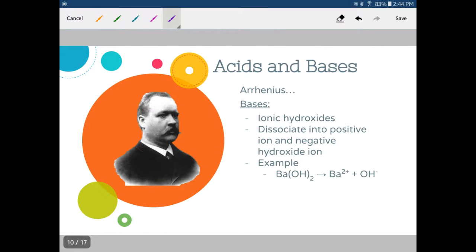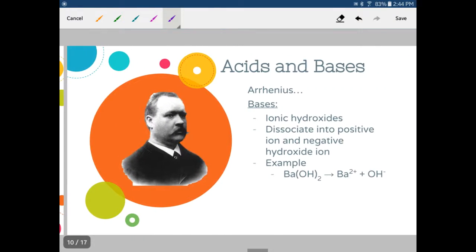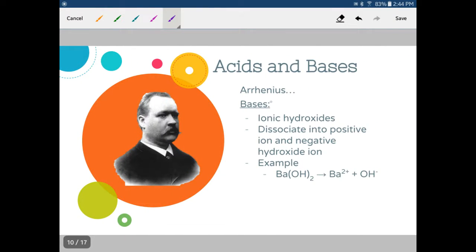Now, essentially, when we talk about acids and bases, there was this man named Arrhenius that basically came up with our definitions of what an acid and a base is. When he described bases, he described them as ionic compounds that were hydroxides. They dissociate into a positive ion and a negative hydroxide ion.